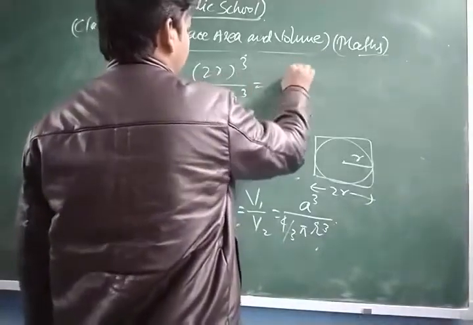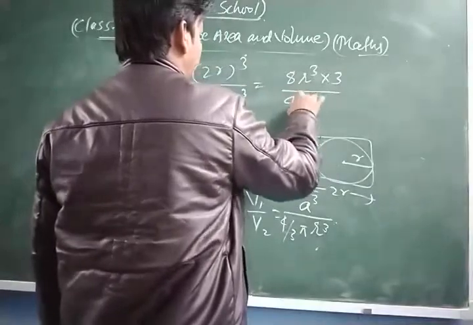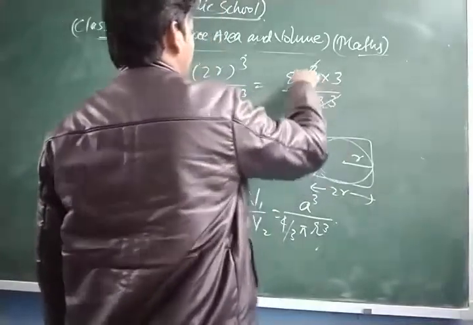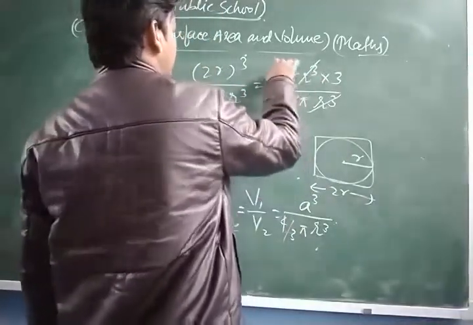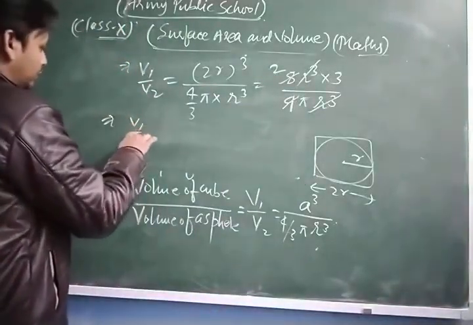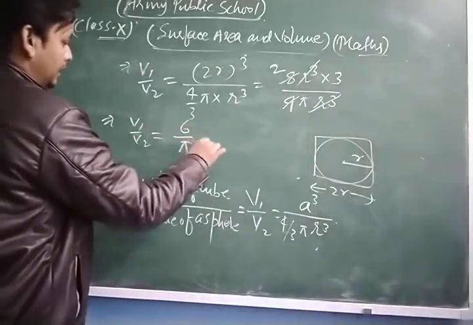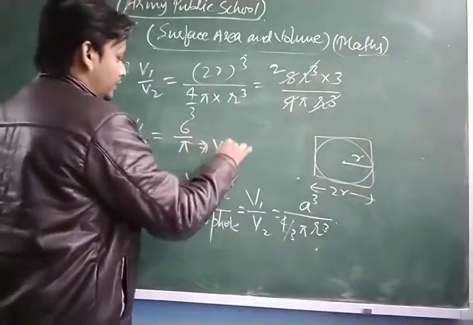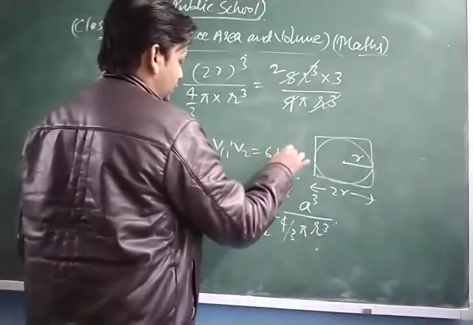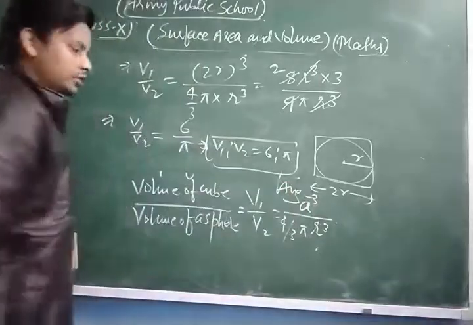That is 8 R cube into 3 upon 4 pi into R cube. R cube cancels, 4 into 2 is 8, and 2 threes are 6 upon pi. So the required ratio V1 to V2 is equal to 6 ratio pi. This is the required solution of the given question.